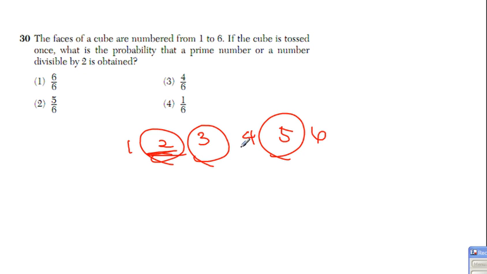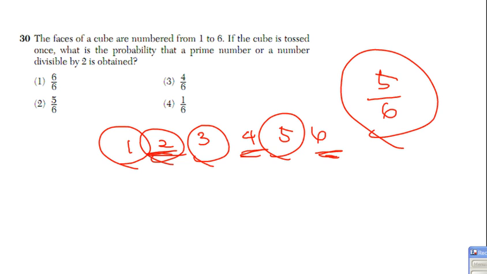They can be here, here, or here. Then what is the probability? We are looking at everything except choice number 1. Therefore, our answer is 5 choices out of 6 choices. That would have been our answer.